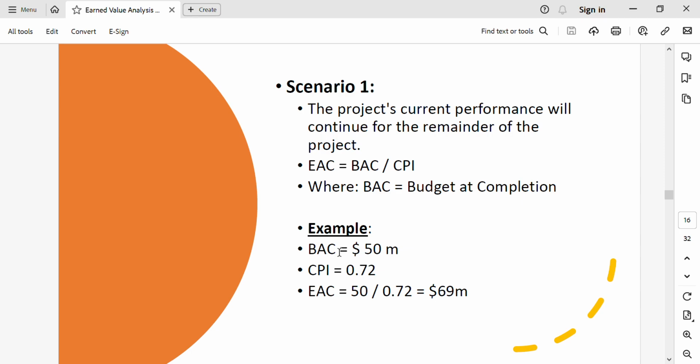So EAC will be $69 million, 50 divided by 0.72. So you see the budget is $50 million, whereas the project is estimated to be completed at $69 million. In other words, it will consume $19 million over and above the approved budget.